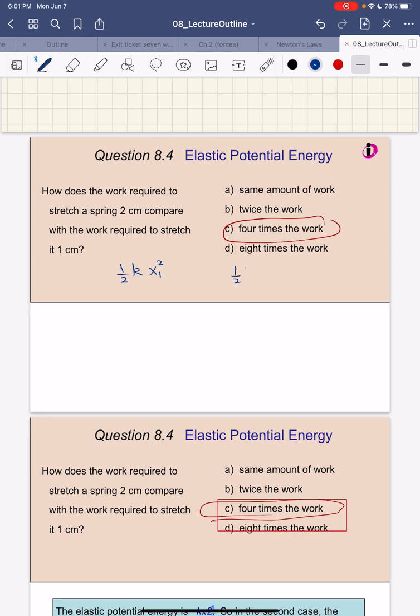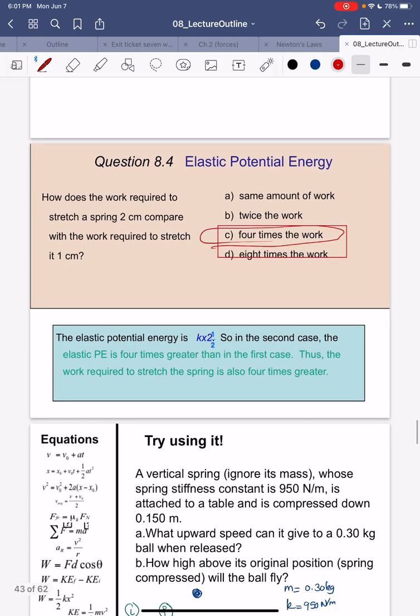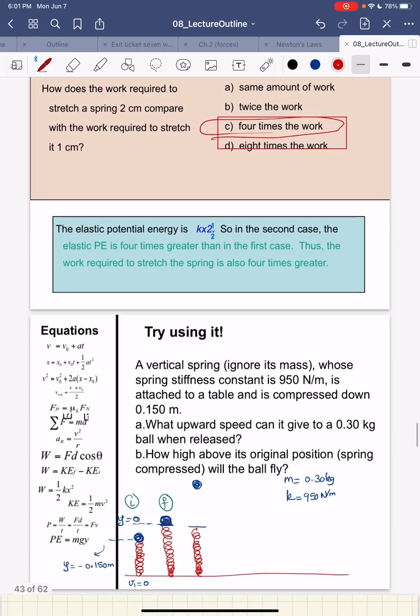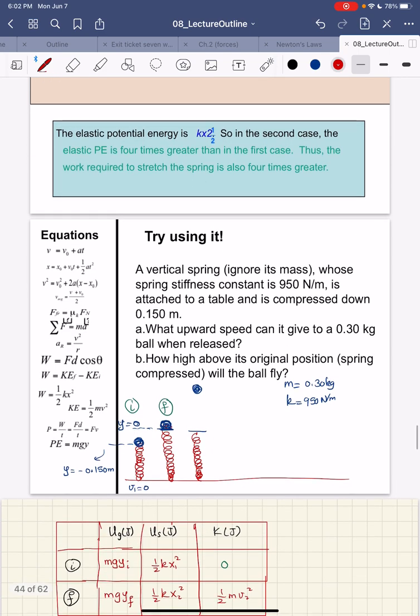And then when I double that to 2x1, then this is going to be 1/2 k times 4 x1 squared, which means this is going to be 1/2 kx1 squared, and here it is times 4, of course, because it is a square. It depends on the x squared, not on x itself.